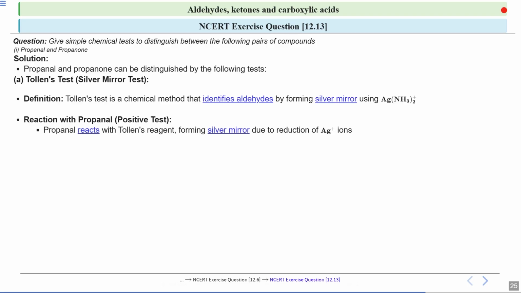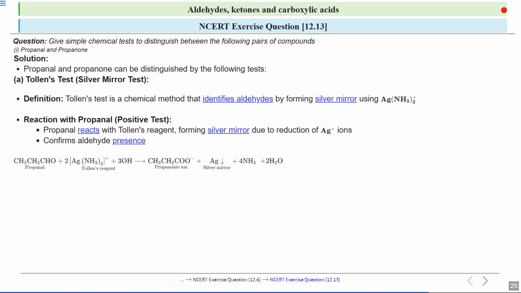This is a classic positive result for aldehydes. So if you see a silver mirror, you know that the compound is an aldehyde. This confirms that propanal is present, not propanone.